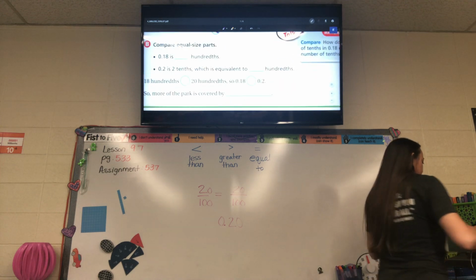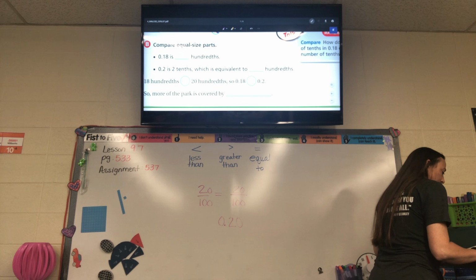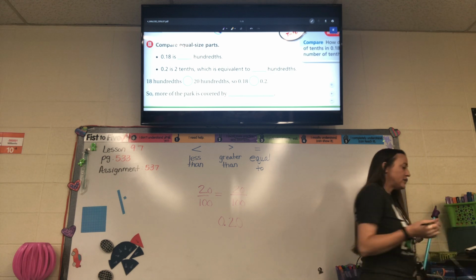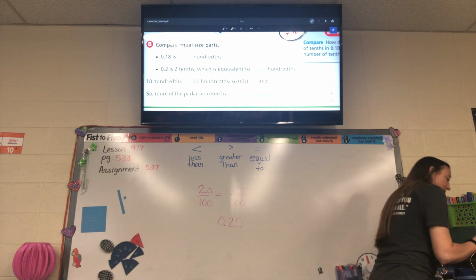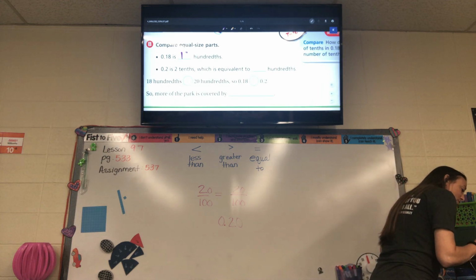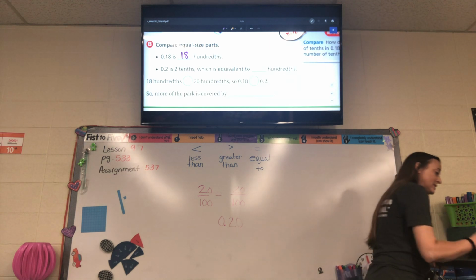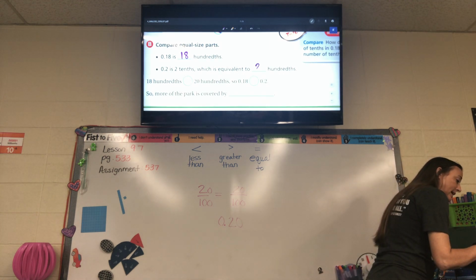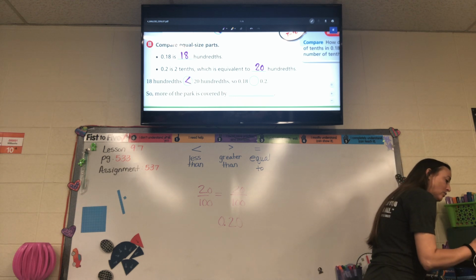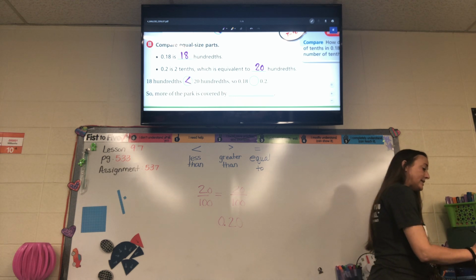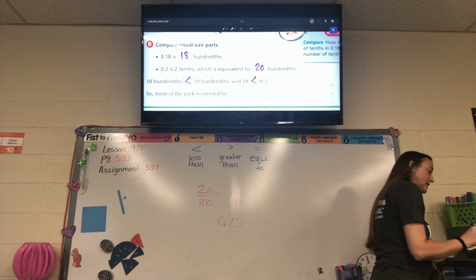And then it says we can compare equal size parts. So you ask yourself, 0.18 is the same as 18 hundredths. And 2/10 is equivalent to 20 hundredths. Since 18 hundredths is less than 20 hundredths, 18/100 is less than 2/10.